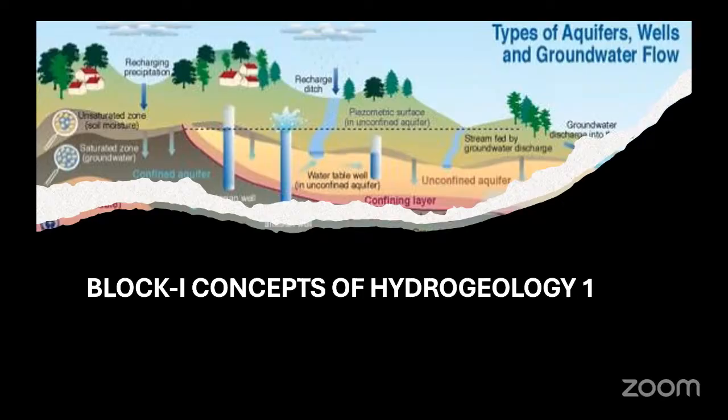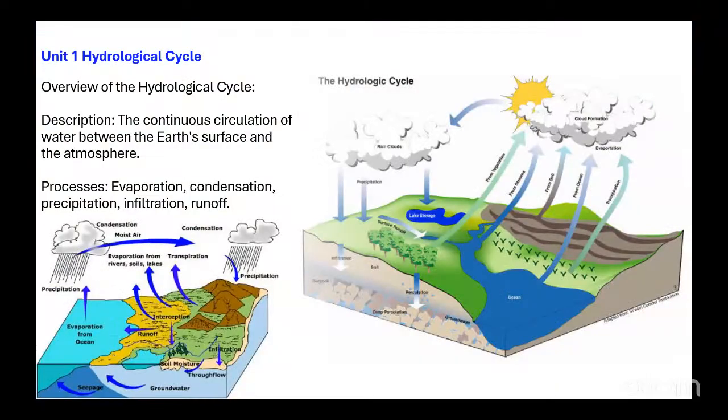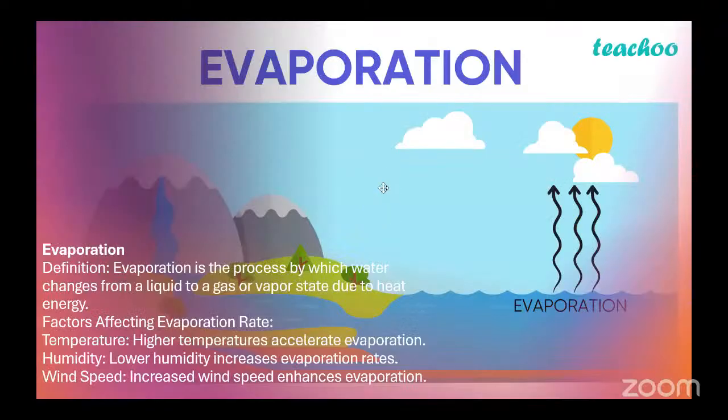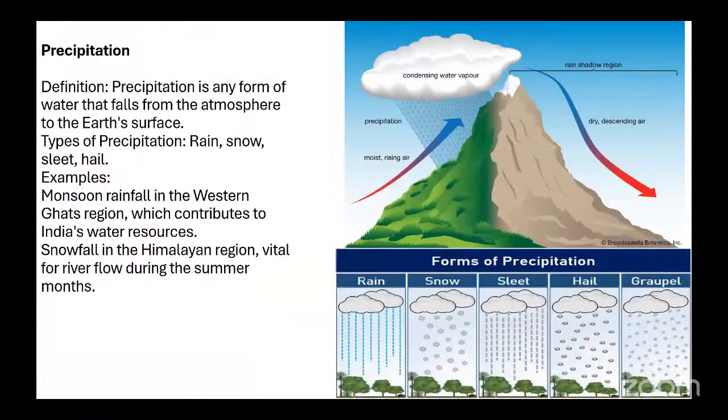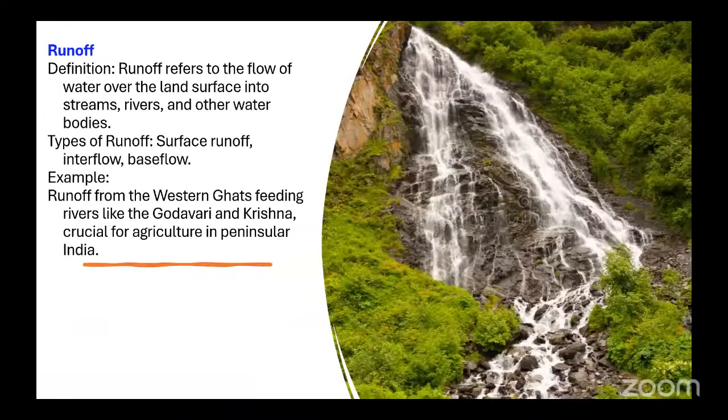What is hydrogeology? What are the different types of concepts or contents covered in hydrogeology, like the aquifer system and the hydrogeological cycle? In that we have evaporation, condensation, precipitation, infiltration, and runoff.